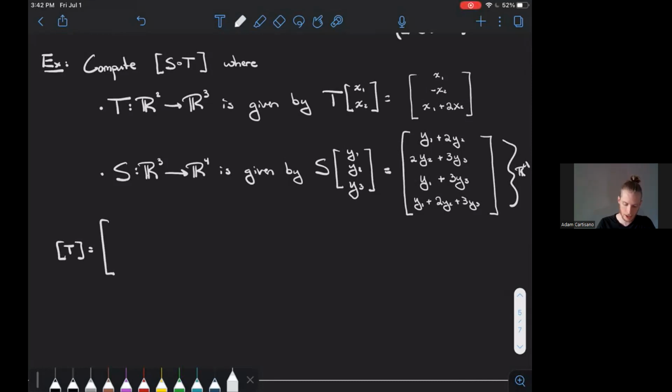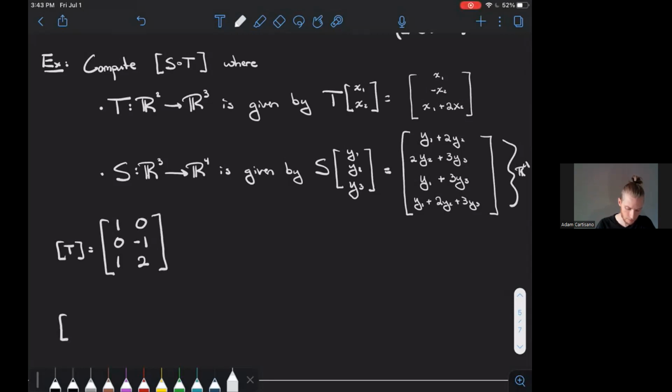Well, 1, 0 gets sent to: take the first component, take negative the second component, then take 1 plus 2 times the second component. The second column: where does T take the vector 0, 1? Well, we take the first component, which is 0, take negative the second component, and then take 1 plus 2 times the second component. This is the standard matrix for T.